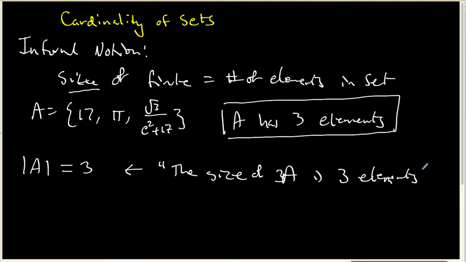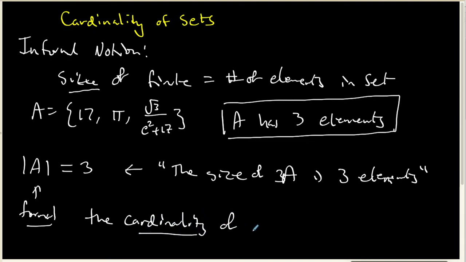But we usually don't read it that way because this is not going to extend when we have infinite sets. So the more formal way of reading this is to say the cardinality of A is equal to 3.